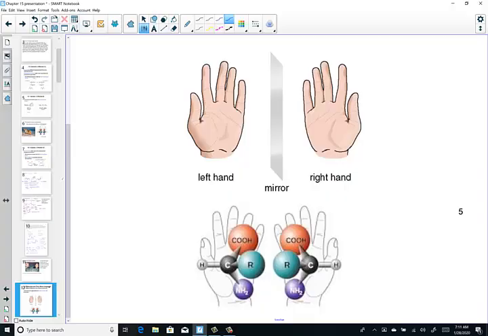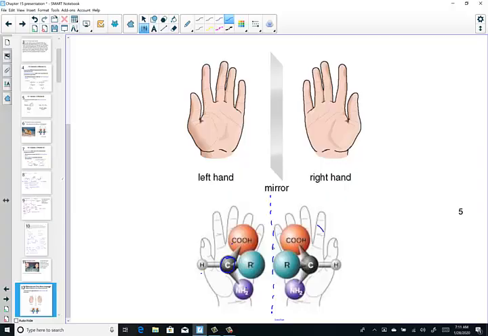Molecules exhibit the same property. If I have a carbon atom with 4 unique attachments, the way that I bond those atoms onto the carbon makes them the same or a mirror image. Notice that if I put a mirror here, it's reflecting back perfectly. The mirror image is just like the hand in the mirror.